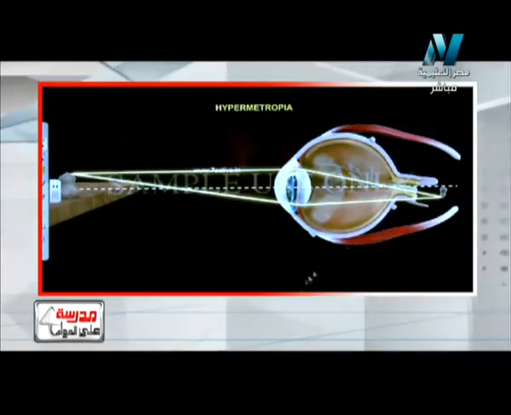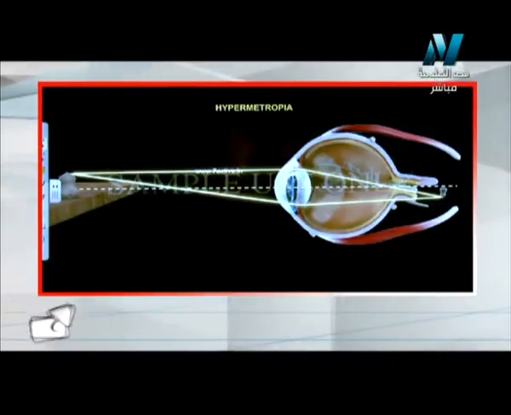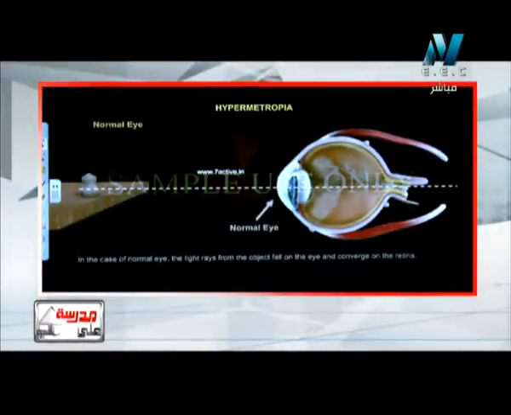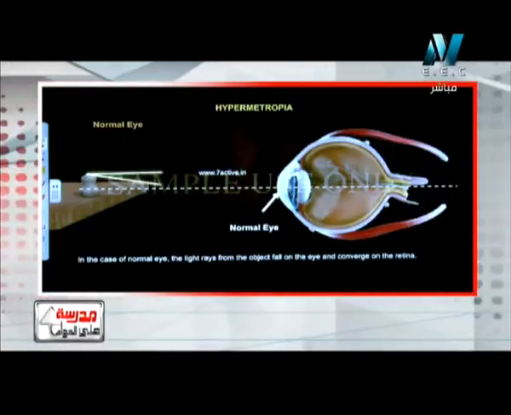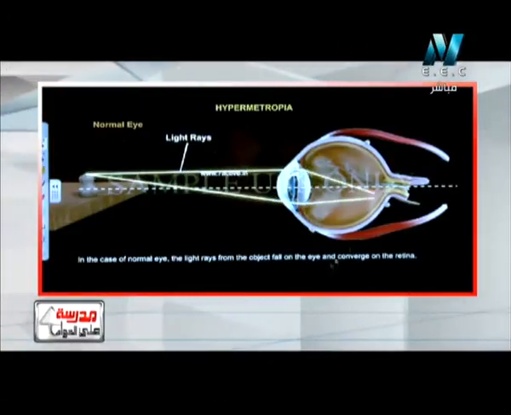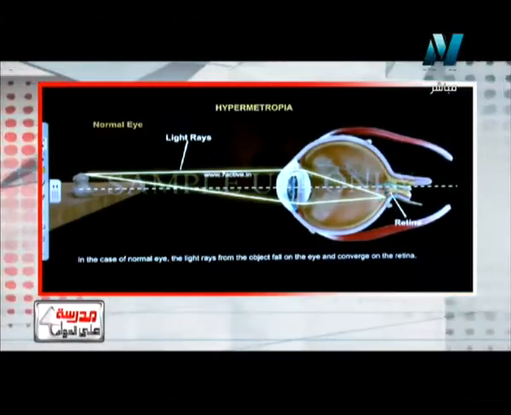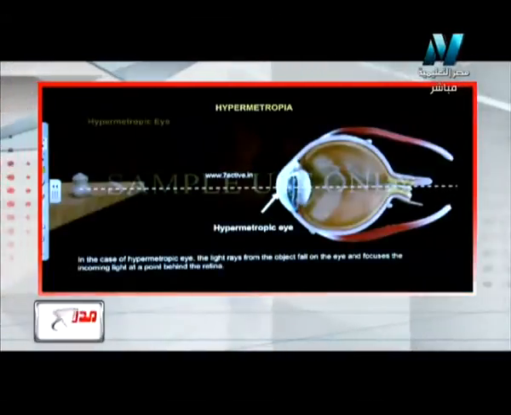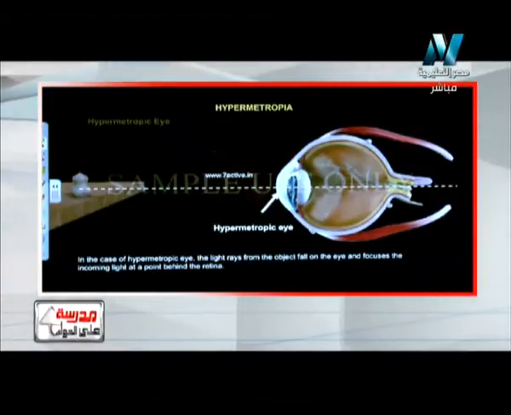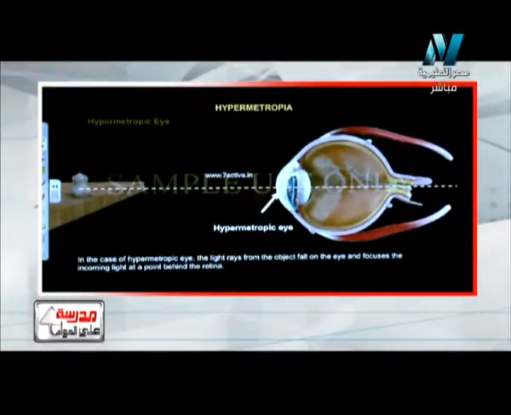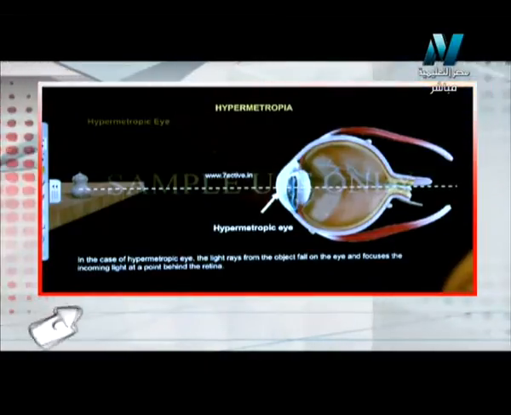So we should correct the sight by using a convex lens, as you see here, to make the image formed on the retina.